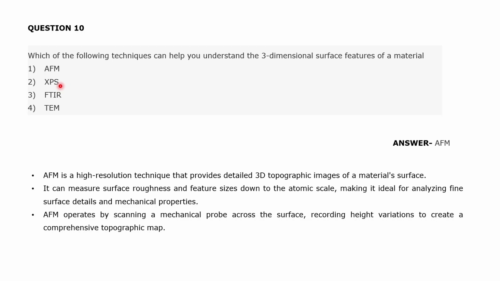So if you have a particular atom at one area, and a different atom at another area, then the electrons scattered from those two different areas will be different in nature. And that is why XPS is used to determine the chemical composition rather than the three-dimensional structural features of the material.